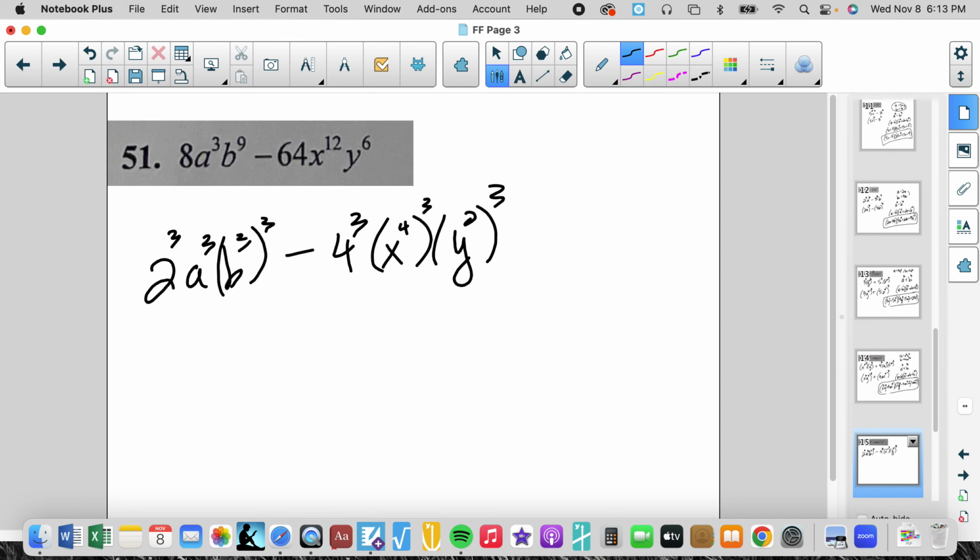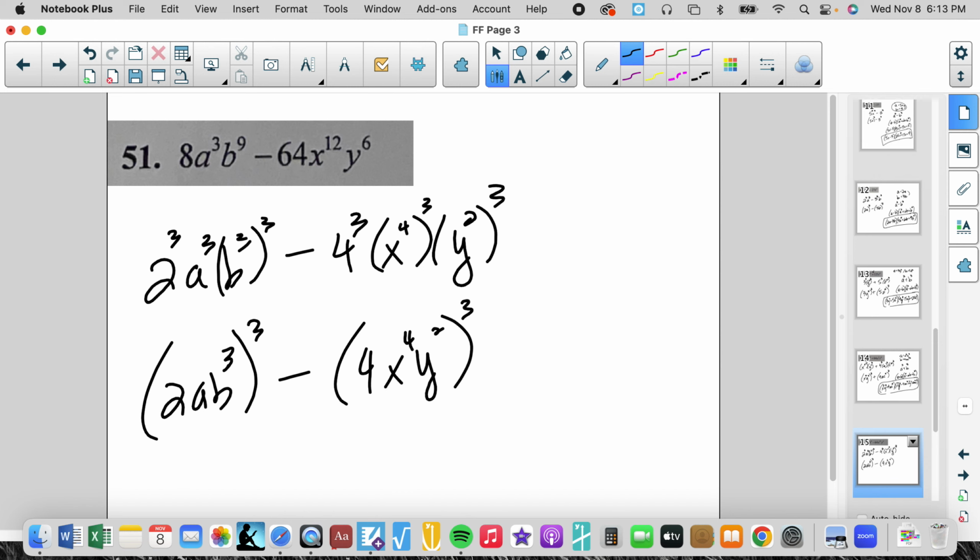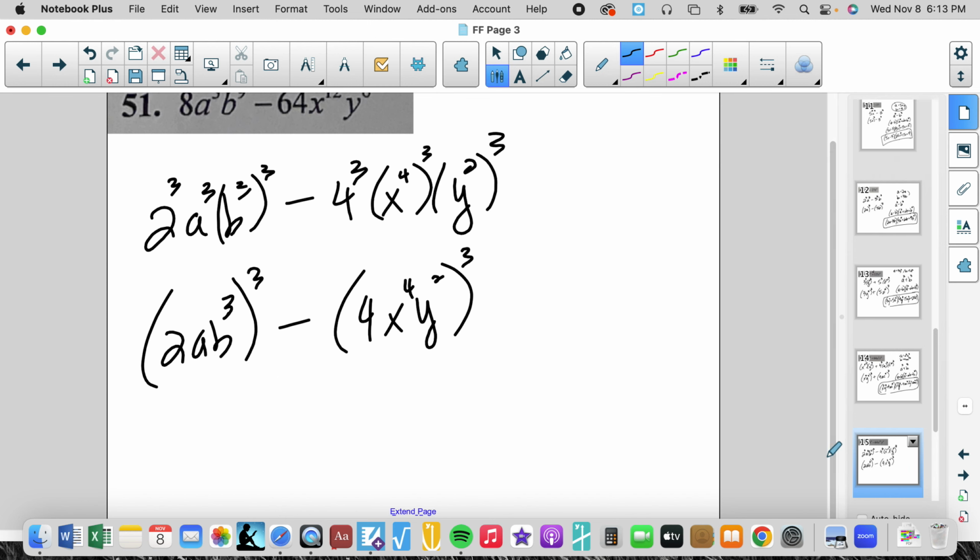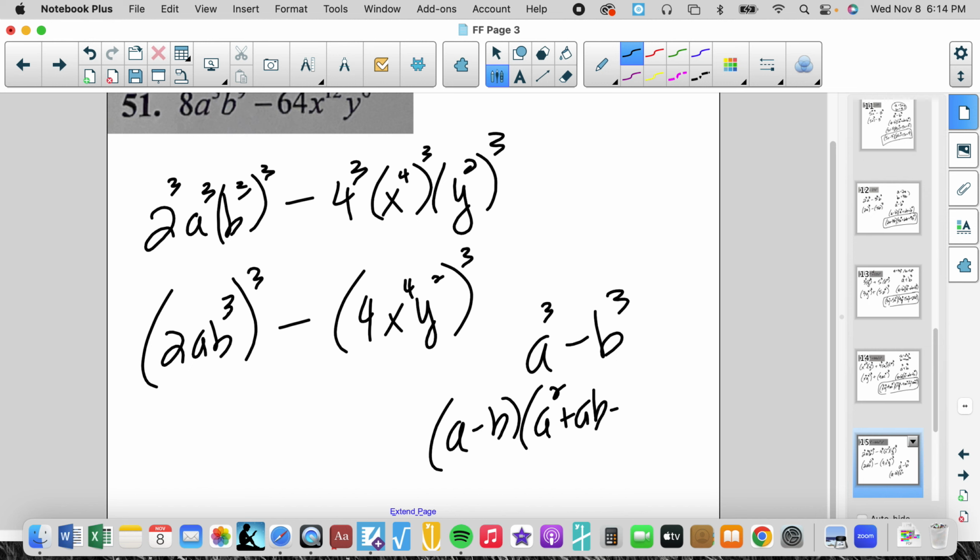So we would write that as 2ab cubed to the 3rd minus 4x to the 4th y squared to the 3rd. Those are my bases. And that helps me when I have my a cubed minus b cubed as my template, and you have a minus b and a squared plus ab plus b squared.